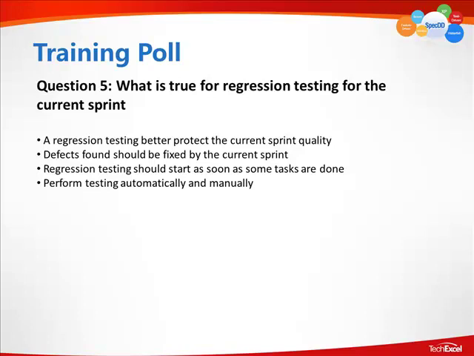Let's take a quick break and answer question number 5 on our training polls. What is true for regression testing for the current sprint? Regression testing better protects the current sprint quality?